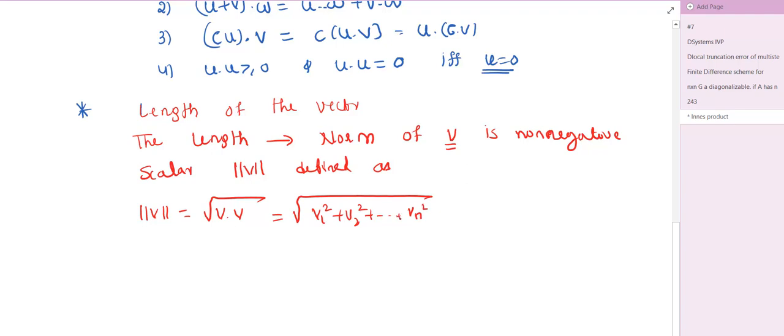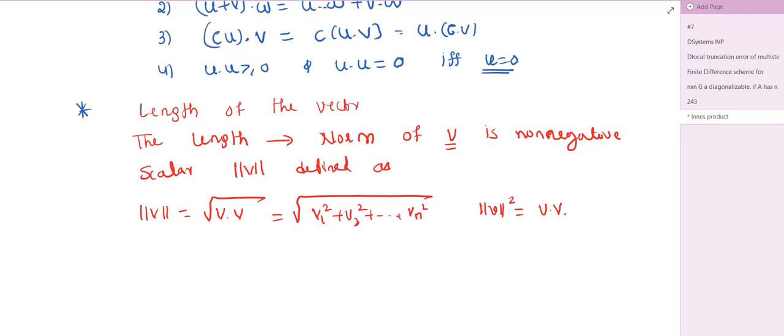And if I don't want the square root, then the norm of V squared will be just V dot V. So the norm has a relationship with the inner product: the square root of the inner product of the given vector with itself will be the length of the given vector.